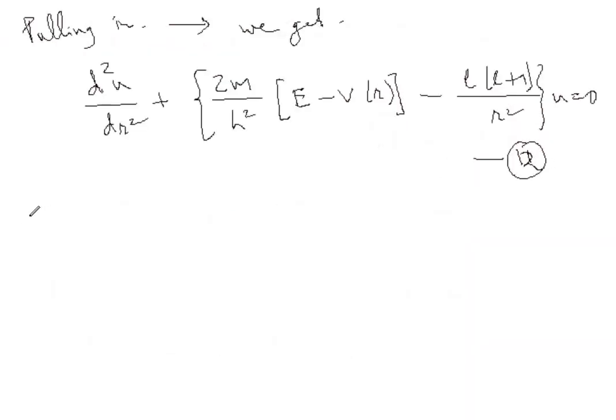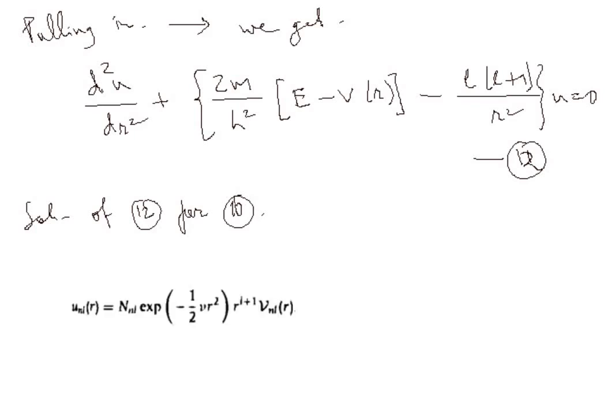So the solution of 12 for potential 10, let me write it down. You can see the solution, this is equation 13.